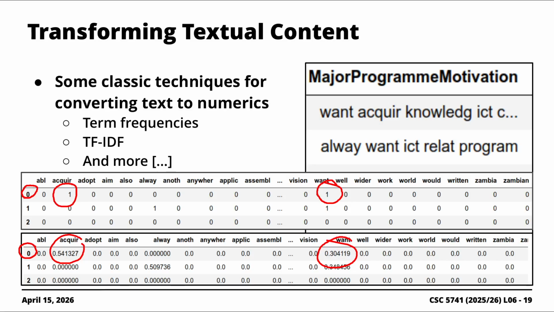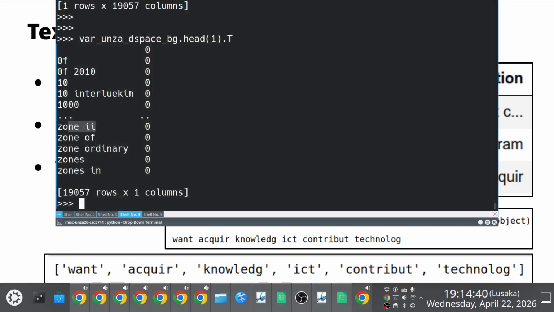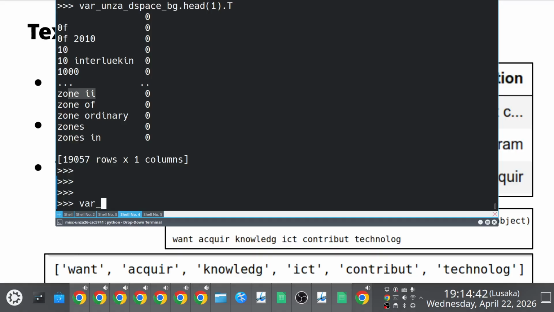But you see, there are some basics or fundamental concepts that we need to appreciate when we're working with text here. Some of these terms I was using when I went well ahead, but that's fine. When you are working with textual content, collectively what you are working with is a data set, right? In our case, it's a data set of titles for all dissertations at the University of Zambia.